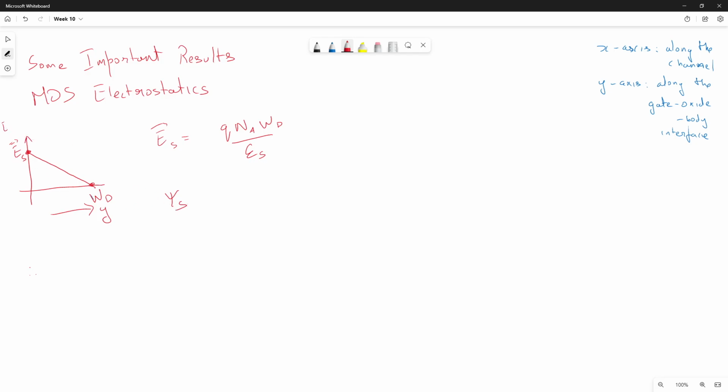This is the E vector, the vertical axis of this thing. So that is half ES into WD, which is equal to half Q Na by epsilon S.